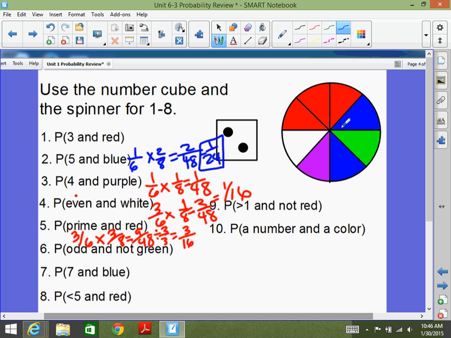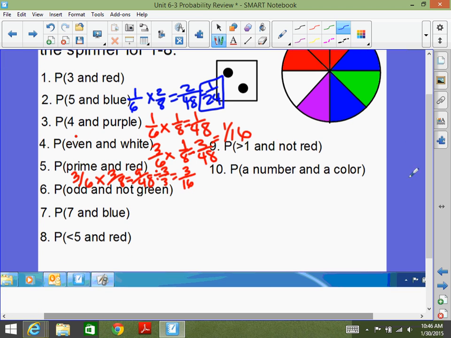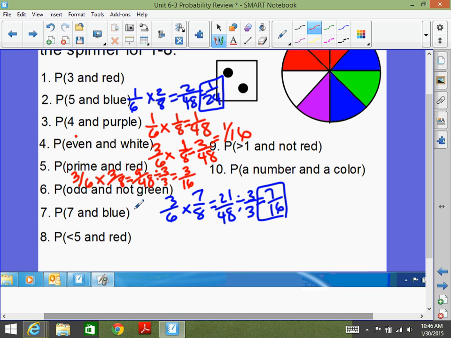Okay, number 6, the probability of odd. 3 out of 6, and not green, which gives us 21/48, which can be reduced by 3, 7/16. Number 7, the probability of 7. 0. So are we done? We can't get both, can we? That's a done deal.